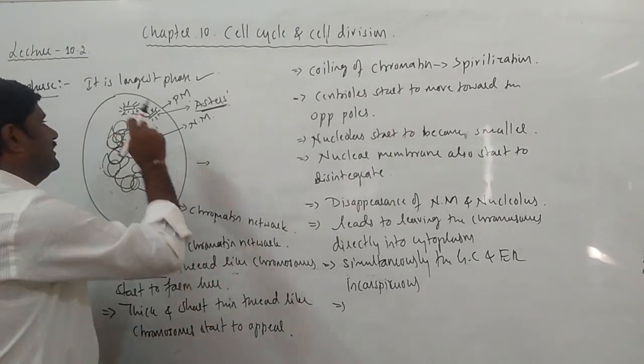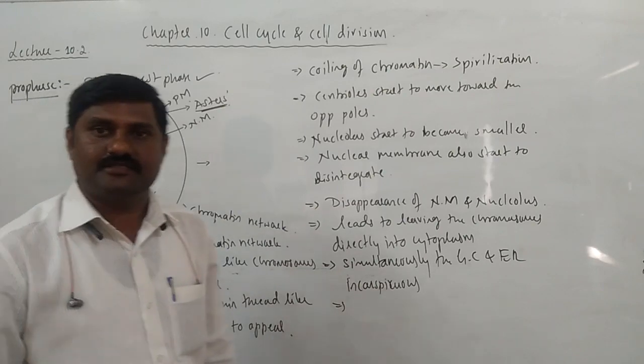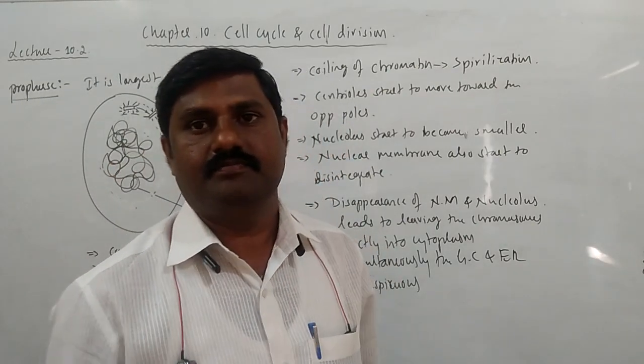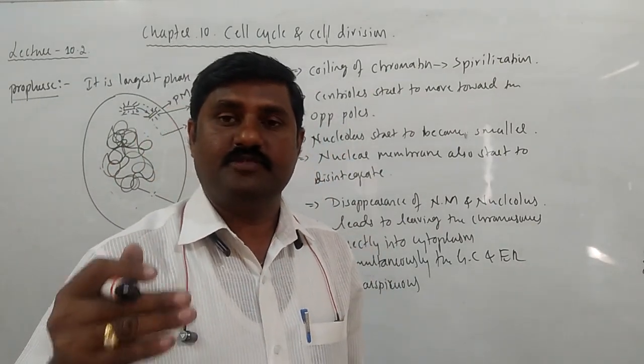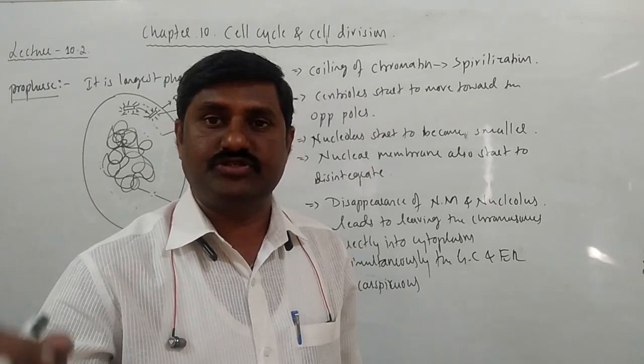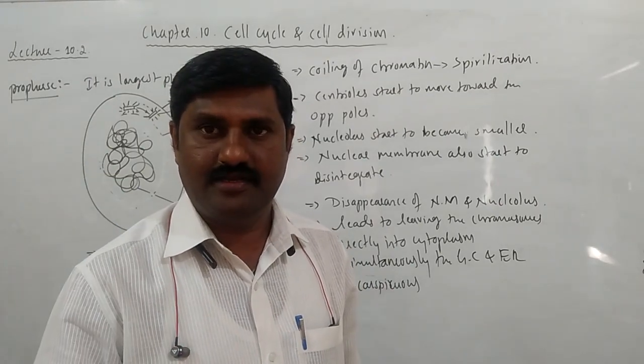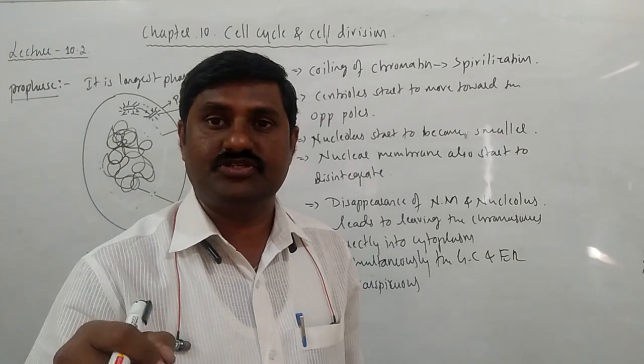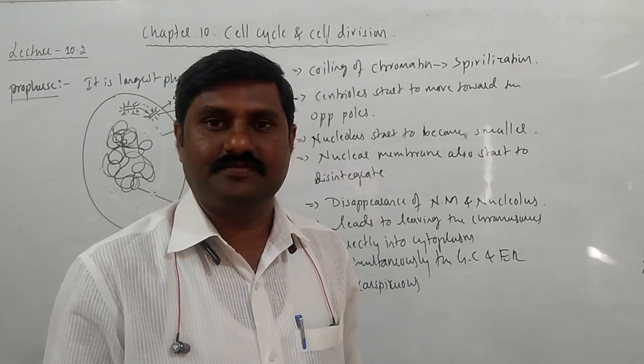Why? Because asters are absent in plant cells, centrioles are absent in plant cells, hence the spindle formed is anastral in the case of plant cell and it is amphiastral in the case of animal cell.